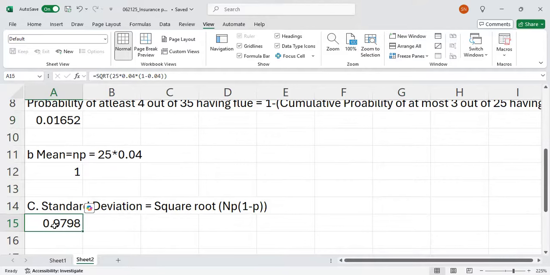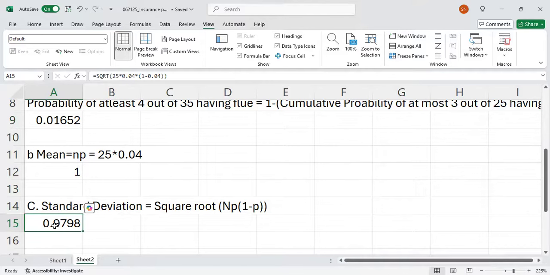So what is the bottom line? On the average, between 0 and 2 people will have flu out of 25 people calling in to the medical line, with the mean centered at 1. On the average, 1 person out of 25 will really have the flu. That is the interpretation.